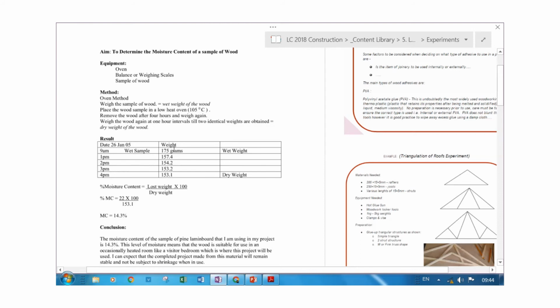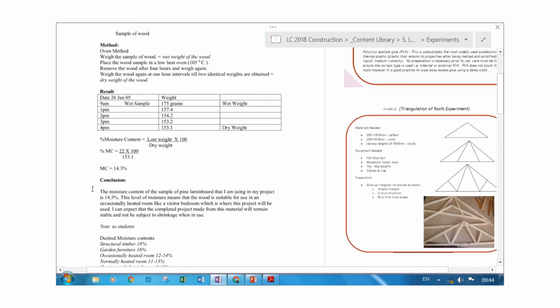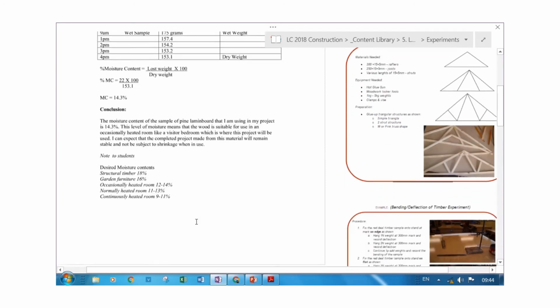So your initial weight is here, then your final weight is here. So this is the dry weight. Then you work out moisture content. Okay. Now next thing here, conclusion, what you learn from that. Now next thing then here is note to students desired moisture content. So this is the desired moisture content for a particular timber.